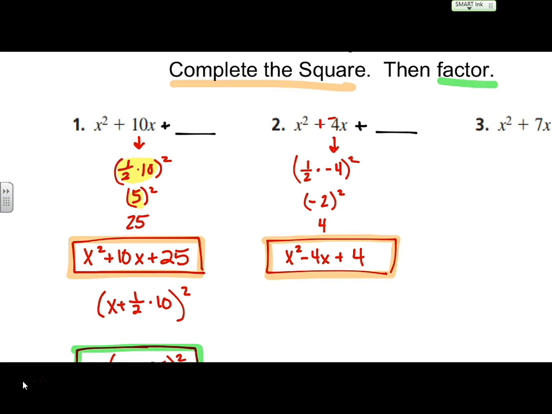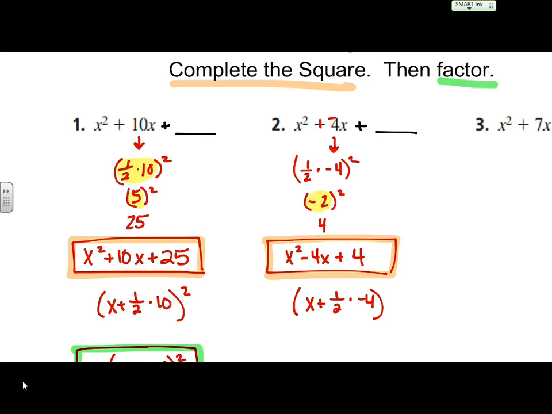Now, we need to go ahead and factor. And guys, to factor, we do x plus 1/2 times the middle number, which was negative 4. What's going to happen when I take 1/2 of negative 4? What did happen up above? Do you guys notice that maybe we don't have to do this all over again? Maybe we can just steal the middle number?